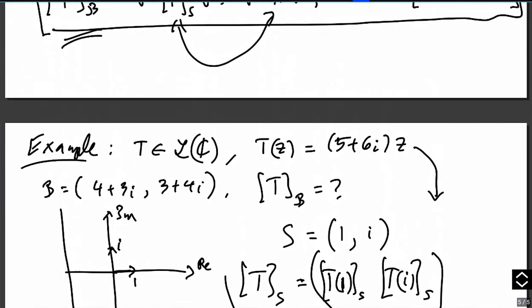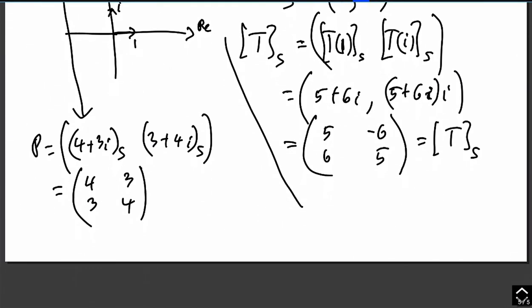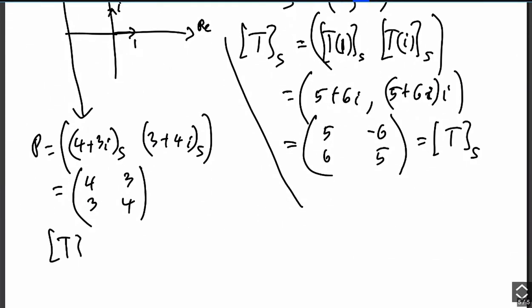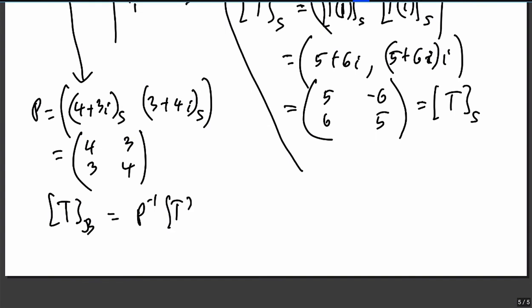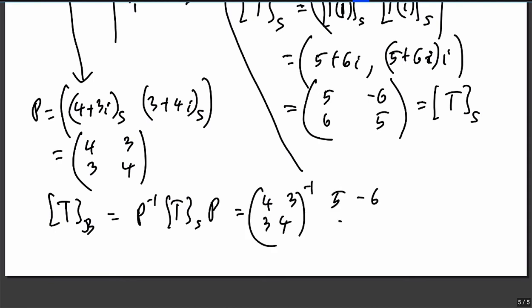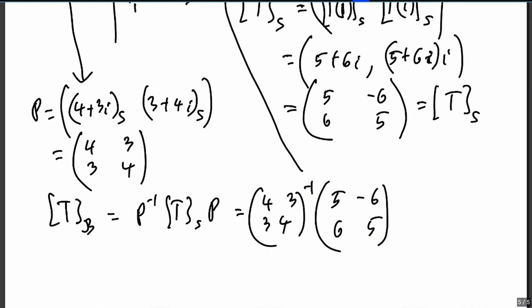Then with this we obtain the B basis representation of the transformation by using P inverse T S P multiplication, which is the inverse of the 4, 3, 3, 4 matrix with the 5, minus 6, 6, 5 matrix, and then the 4, 3, 3, 4 matrix.